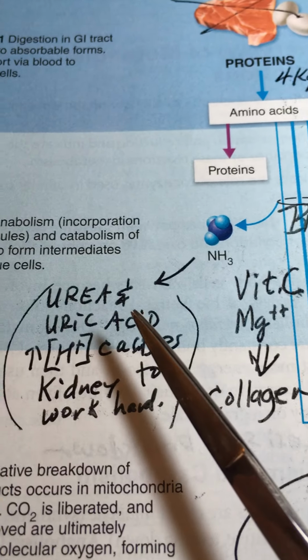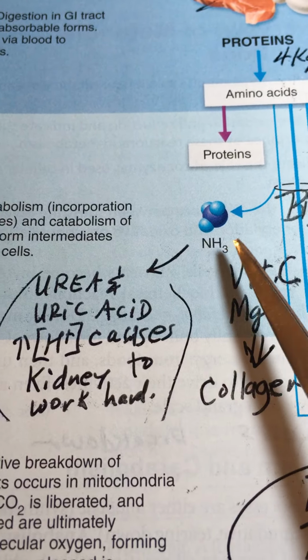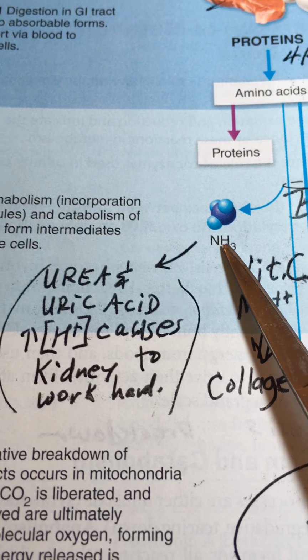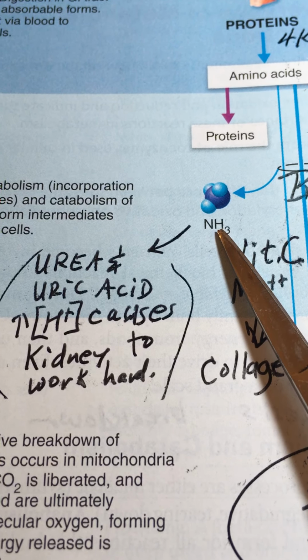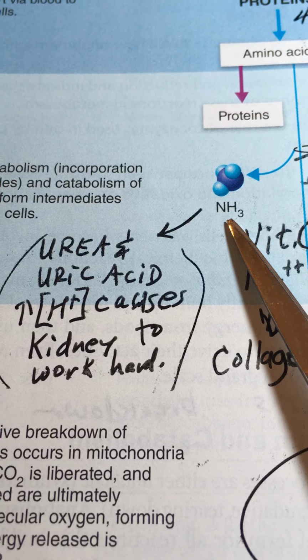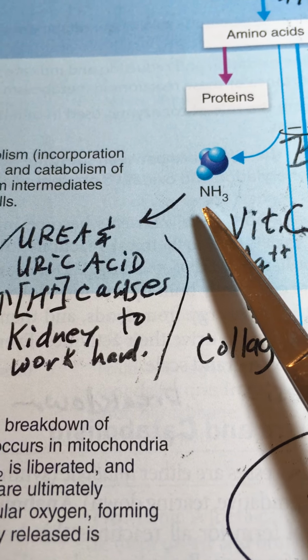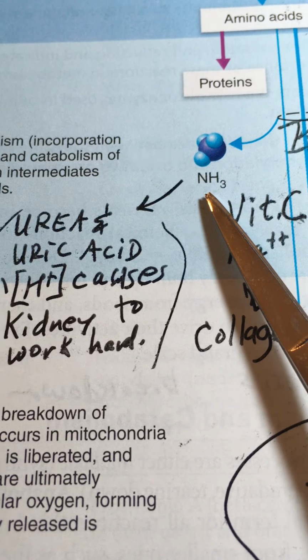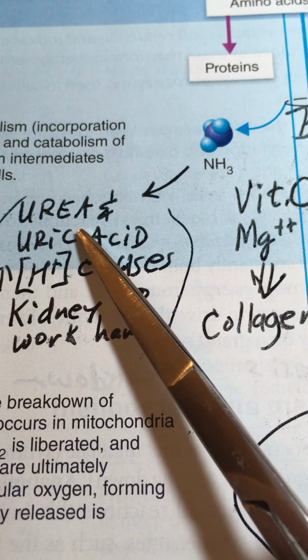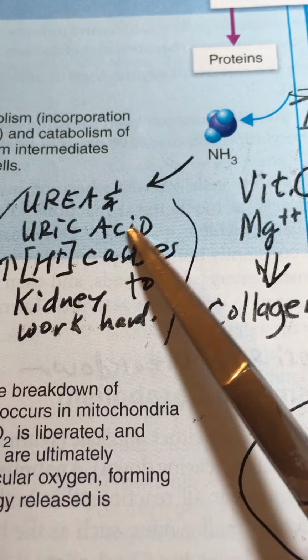And now I have this metabolic problem. If I'm using just the right amount of amino acids to make all the proteins I need for my entire day, that's fine. I don't have any excess of nitrogen. I'm in what's called nitrogen balance. But if I have any extra, then I have urea. I have uric acid.